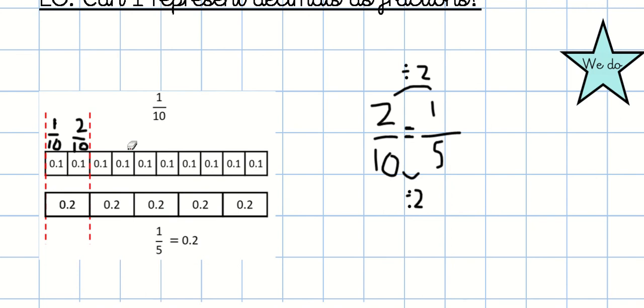What would 2/5 be equal to, do you think? If 1/5 equals 0.2, 2 parts of our 5 would equal 2/5, 1, 2, all added up would be 0.4, of course, because it would be 2 lots of 0.2, wouldn't it? So it would be 0.4.